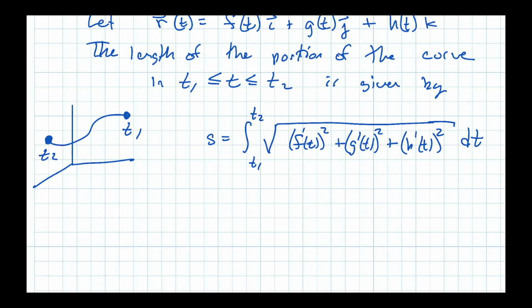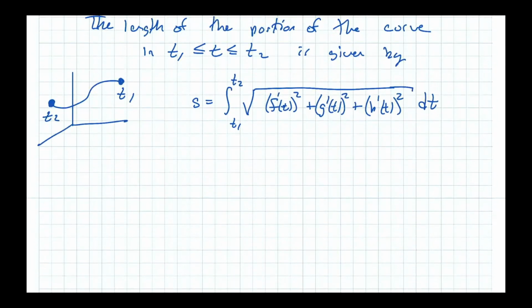That's it. It's really just the same as what we've done before, and that's the formula for arc length. Another way to write it, by the way, might look familiar to you. It also looks like the magnitude of a vector, right?